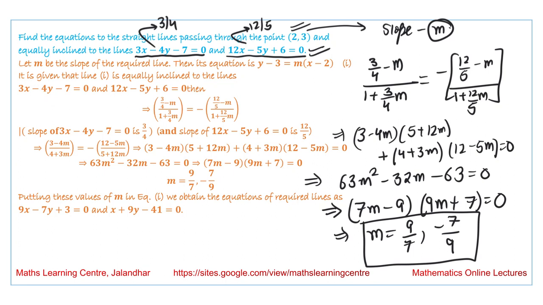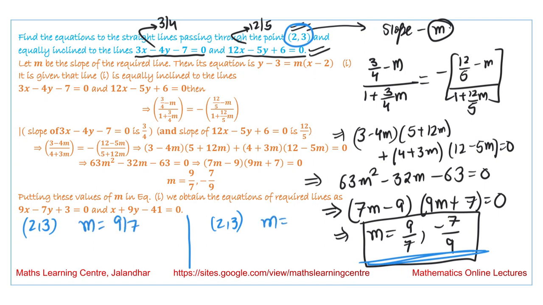Now these are the slopes corresponding to that line and it is passing through the point 2, 3. So the slope of the line is either 9 by 7 or minus 7 by 9.